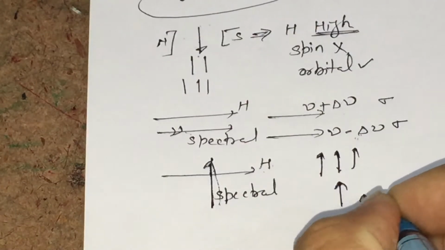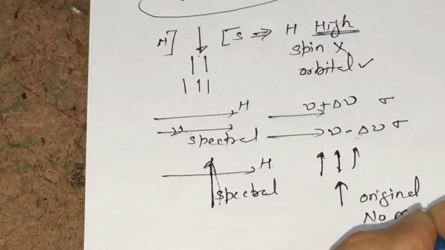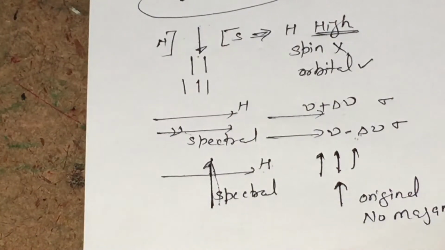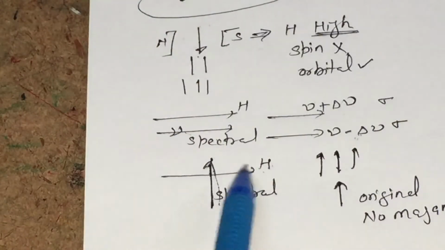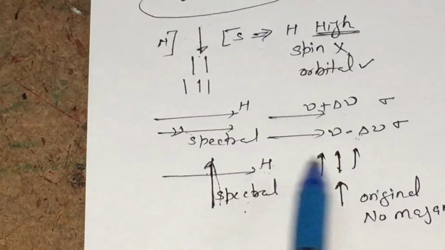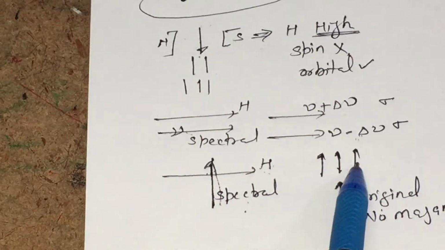If this is our original spectral line with no magnetic field, then after passing through a magnetic field perpendicular to its direction, the spectral line is divided into three components.